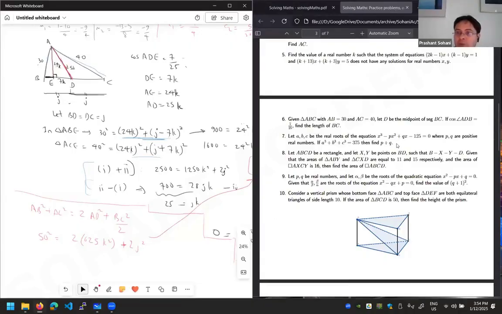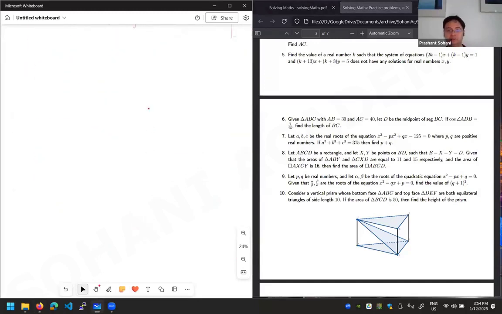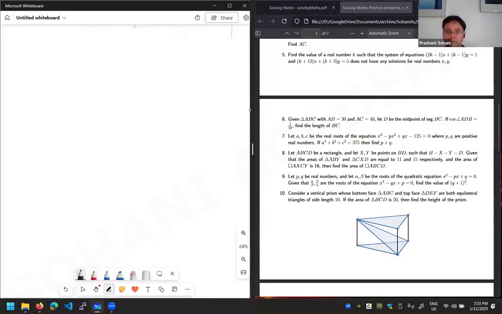Okay, question 7. Question 7 was the one I was talking about earlier, where the property that a cube plus b cube plus c cube equals 3abc is useful to solve a question like this. So maybe I'll give you 1 minute to try this problem again, because maybe some of you did not know that property.